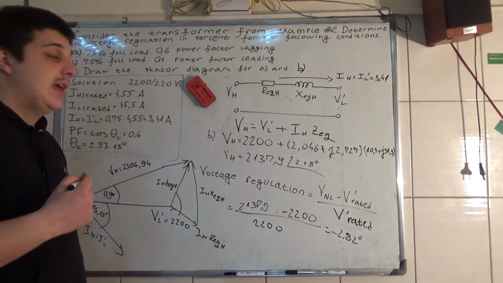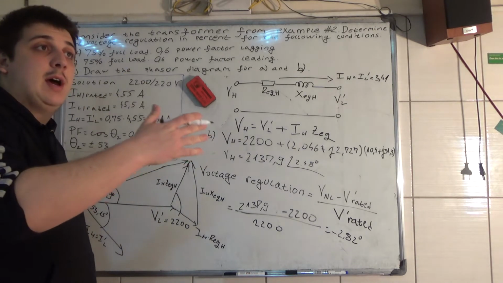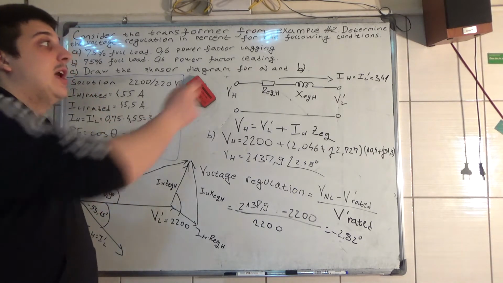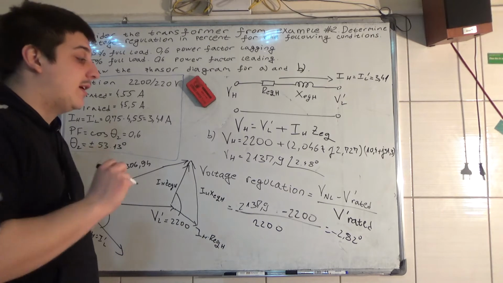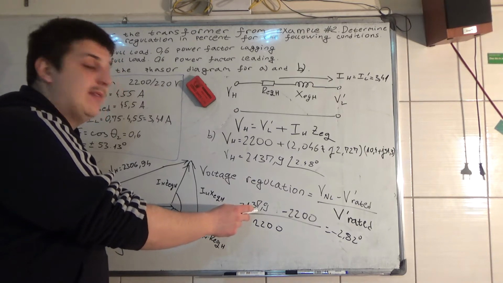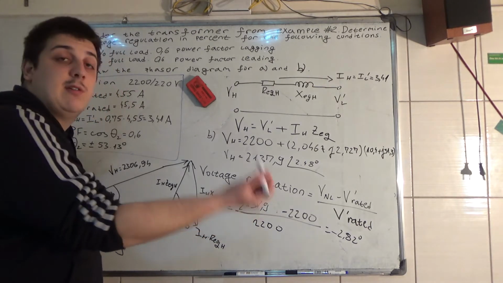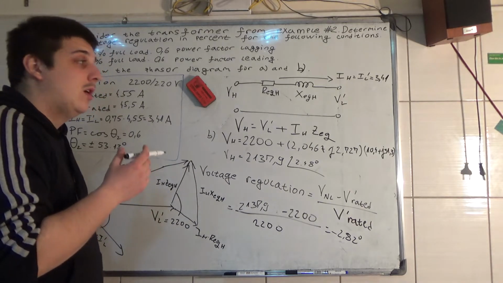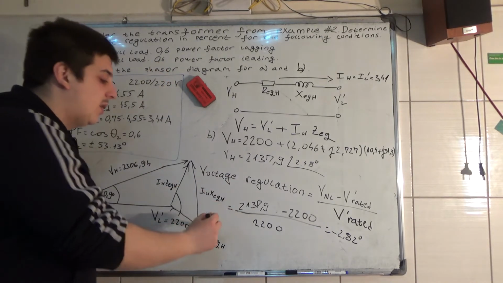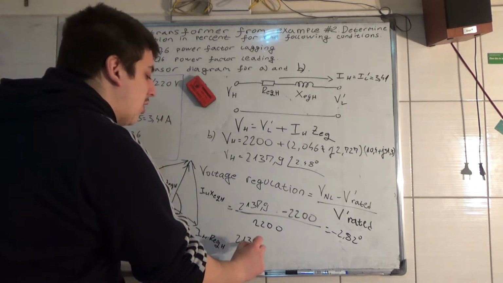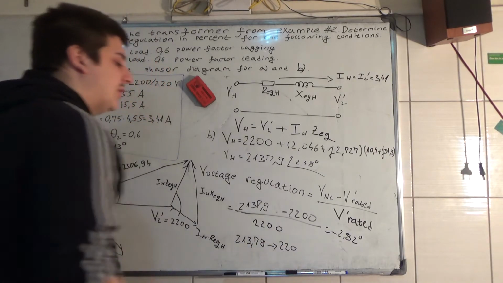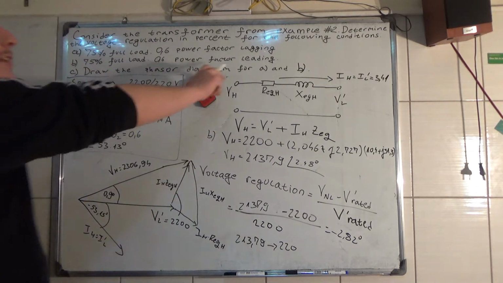What this means is, if you have a load with a power factor leading, you have to have a no load voltage of 213.79, not 220, because this is the referred value. So if you bring on a power factor leading of 0.6, then this will rise from 213.79 to 220 volts on the output for a power factor leading.